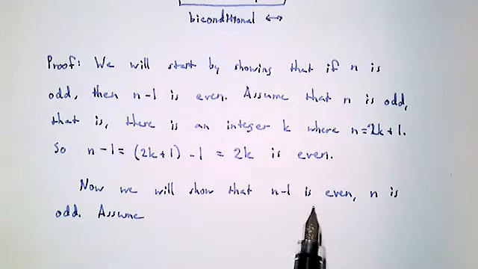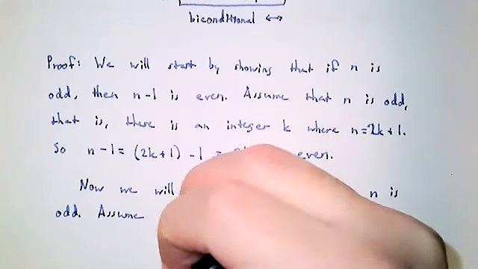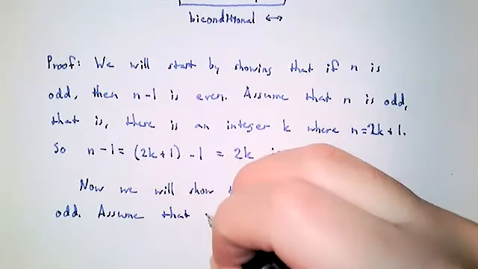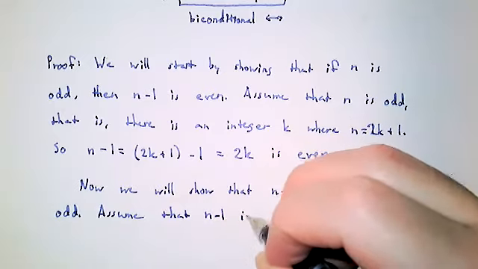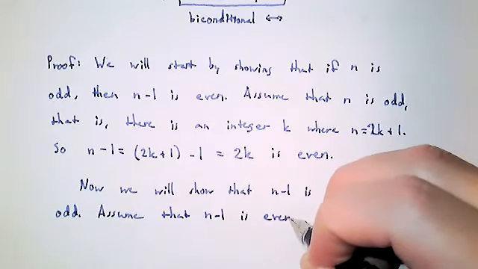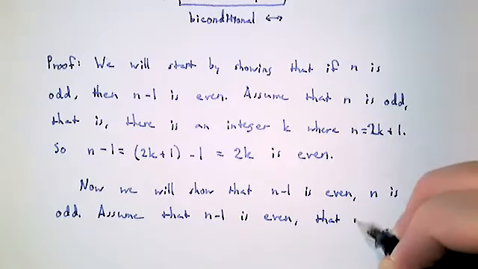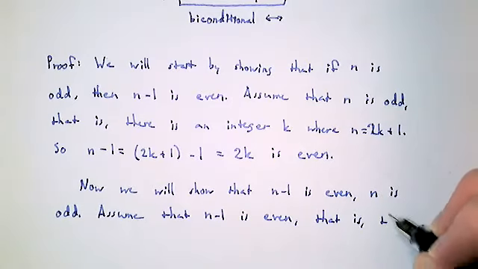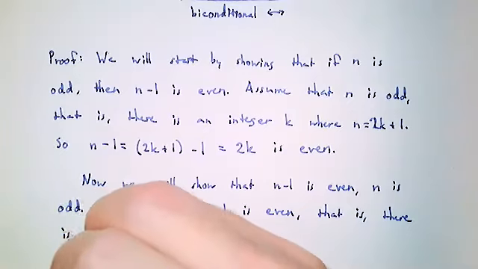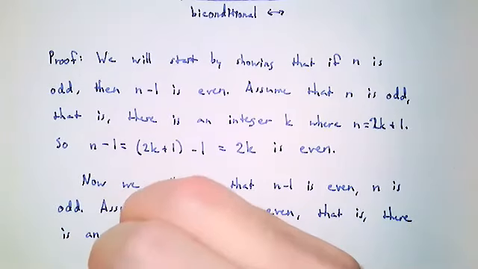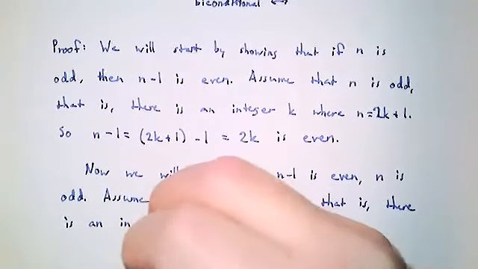So now we're assuming n minus 1 is even. And then interpret for your reader what that means. That means there's another integer.